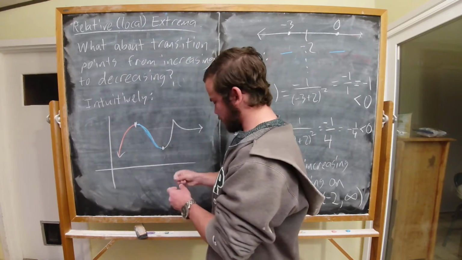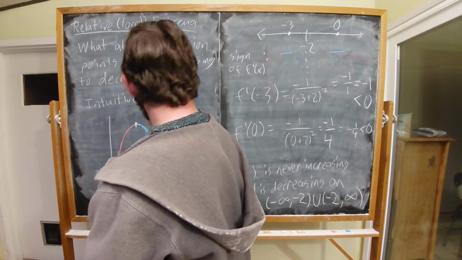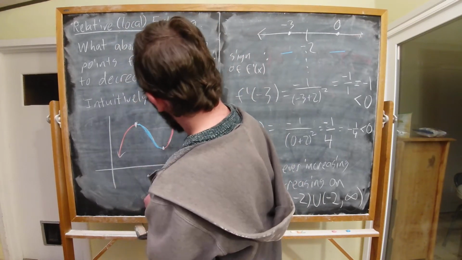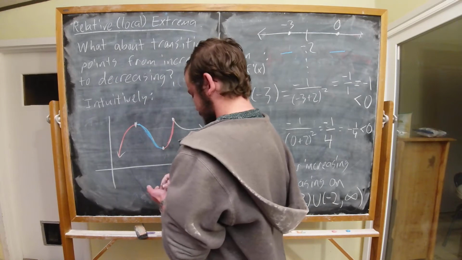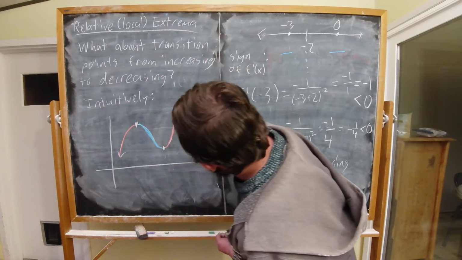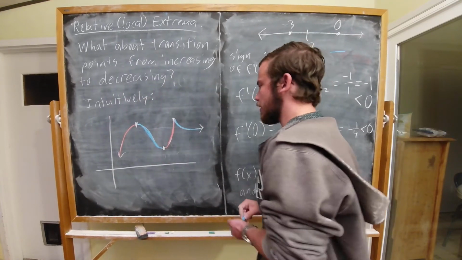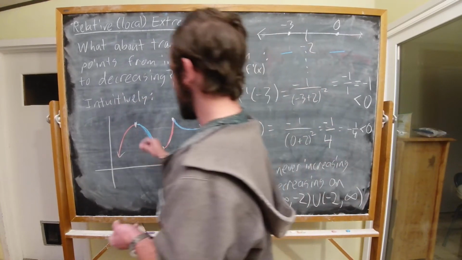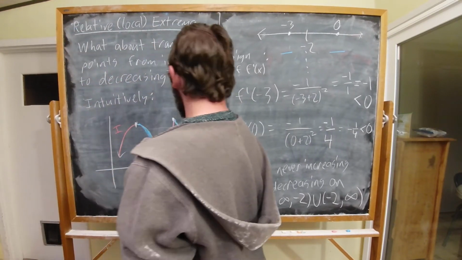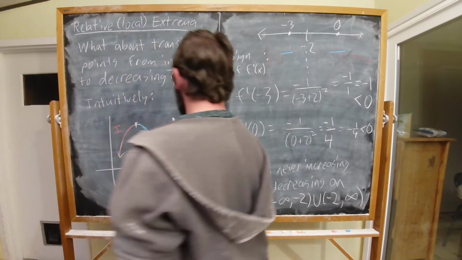Then be increasing up again to that sharp point right there. Juggling 3 short pieces of chalk, it's not fun. Then be decreasing after that. Okay, so increasing, increasing, decreasing, decreasing.